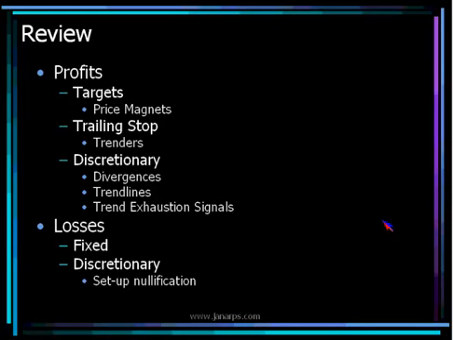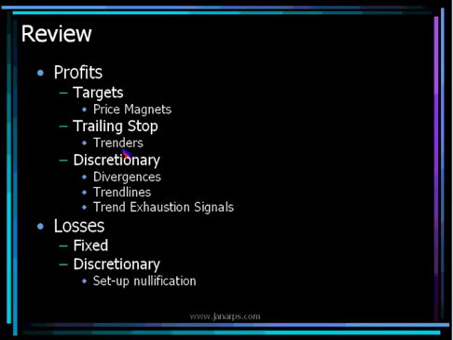So let's review just a little bit about some of the ways that we use these tools to find some good exits. The important exits, of course, are the profitable exits, and it's important to have profit targets, and we like to use the price magnets to identify the profit targets. And once you have some profits, you want to keep your trailing stops working. Again, as I said, I like to use the medium-term trender, often in the triple trender, as my initial trailing stop.